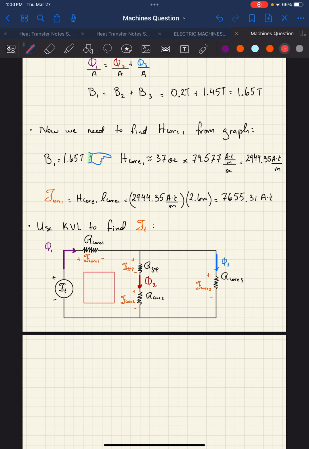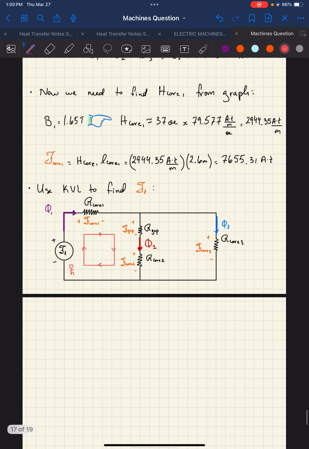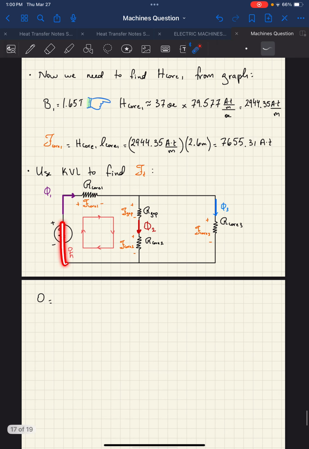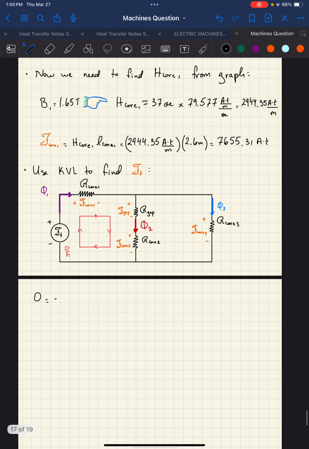Now you could also have written KVL here. It's the same thing. You're going to get the same answer. So KVL states the algebraic sum of all the voltages in that closed loop should be 0. All right. I'll start at this corner and then work my way around.